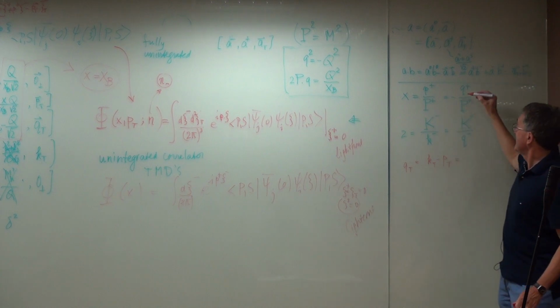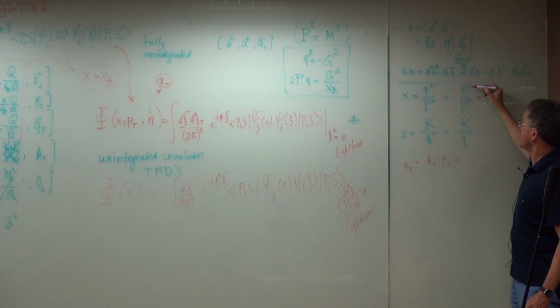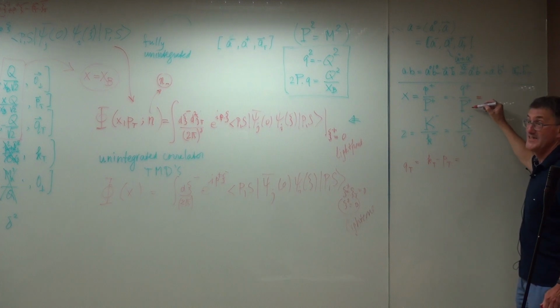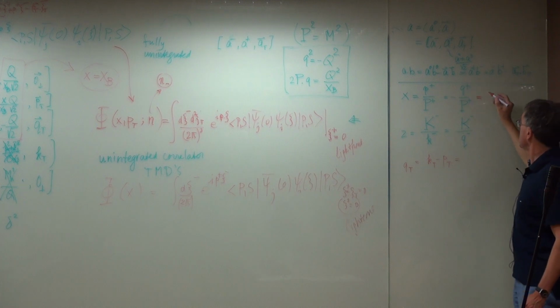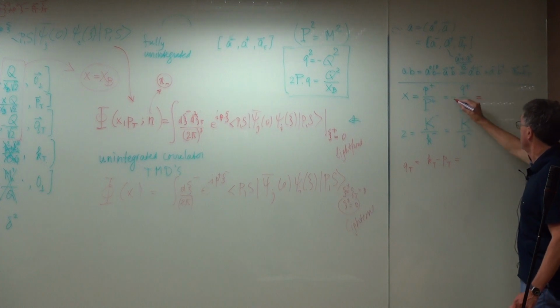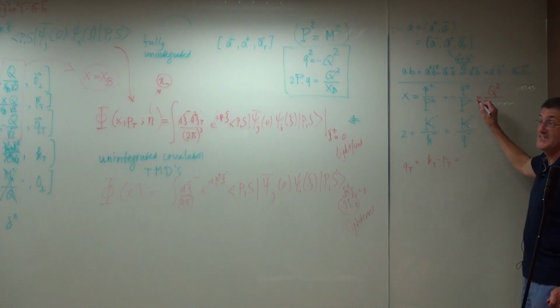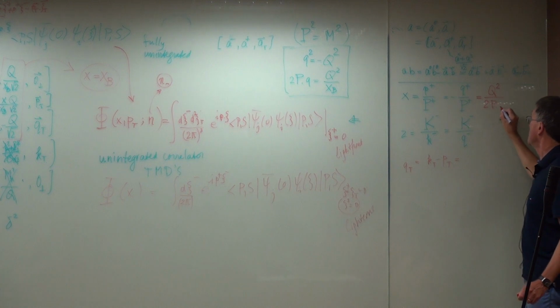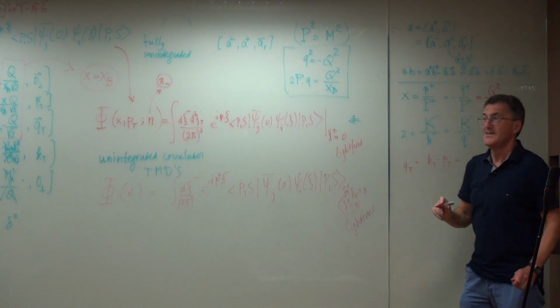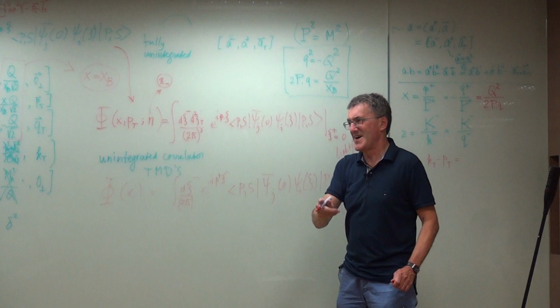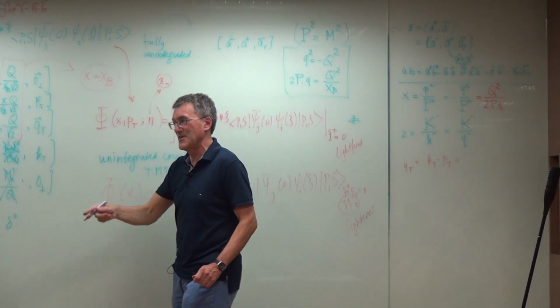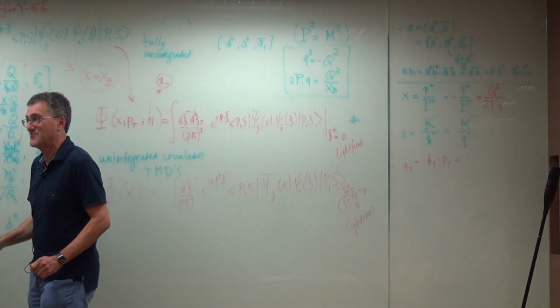You can multiply this with Q minus, and then you have Q plus Q minus, and that's Q squared. With the minus sign, it's precisely Q squared. You miss a factor 2, but that factor 2 I put here. P plus Q minus is P dot Q. P dot Q is P plus Q minus, plus P minus Q plus, plus PT Qt.